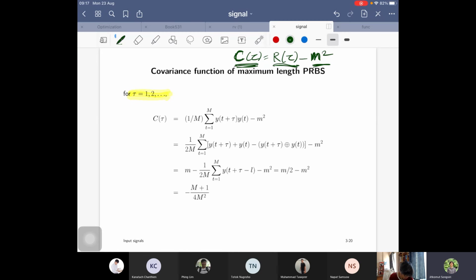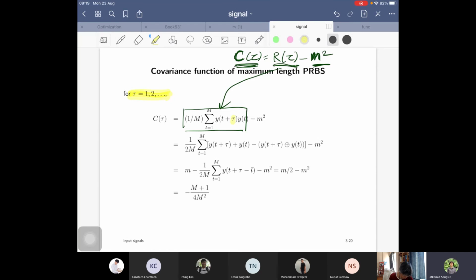So that's the covariance at lag tau. Now this is for cyclostationary, so you replace the expectation by the time average. So it's the correlation at lag tau, where you shift by tau.